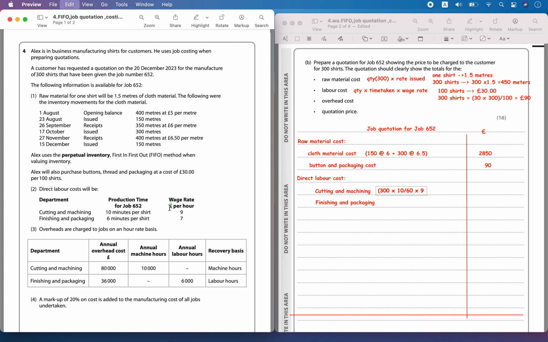So let's put that. When I multiply all of this, I will get 450.